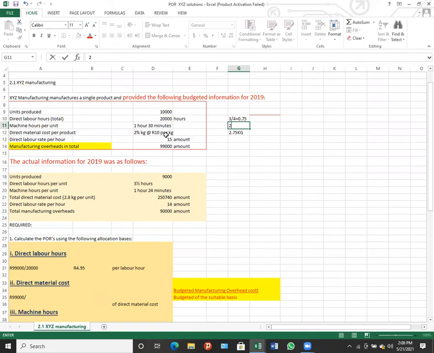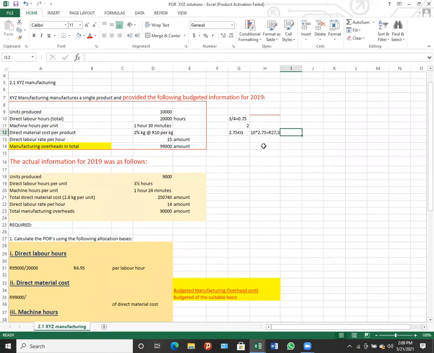And then here we have 10 rand per kg. 10 times 2,75 is equal to 27 rand and 50 cents.